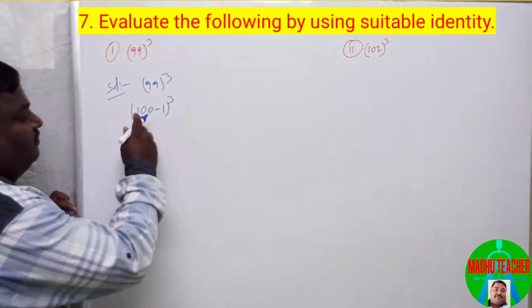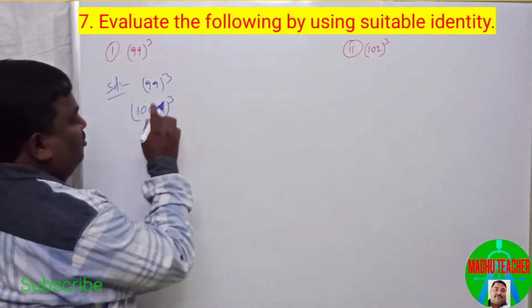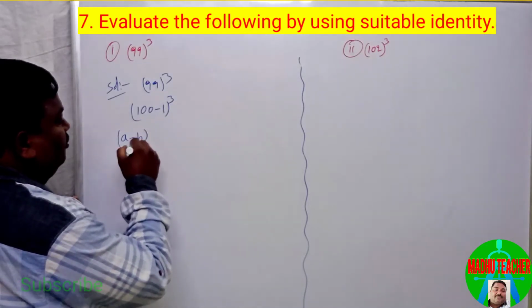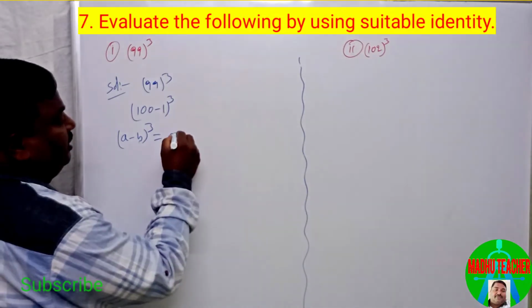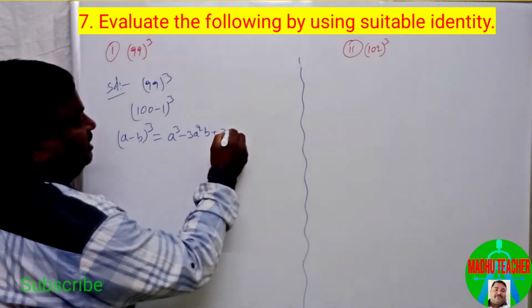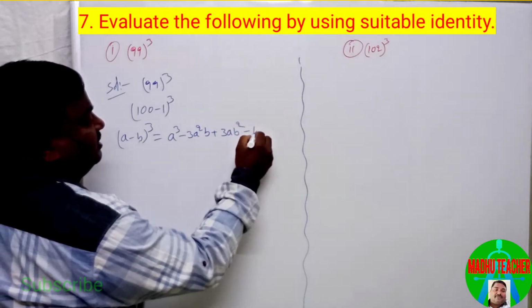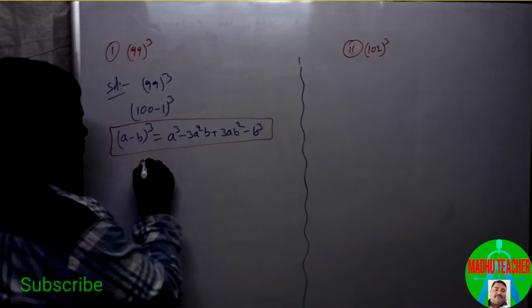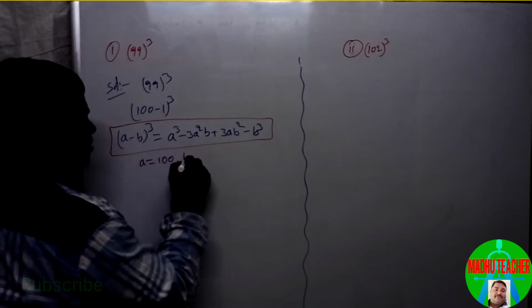Okay. So now, this is (100 minus 1) whole cube. It is in the form of (a minus b) whole cube, that equals a cube minus 3a square b plus 3ab square minus b cube. By comparing these two, we have a equal to 100 and b equal to 1.